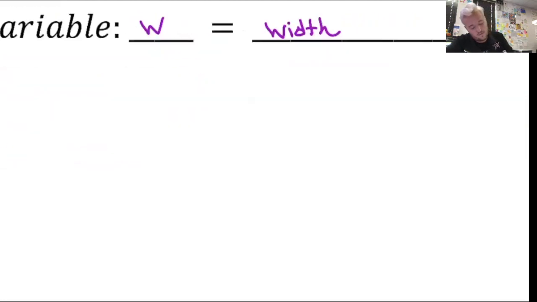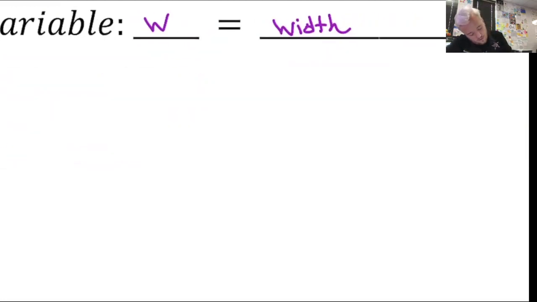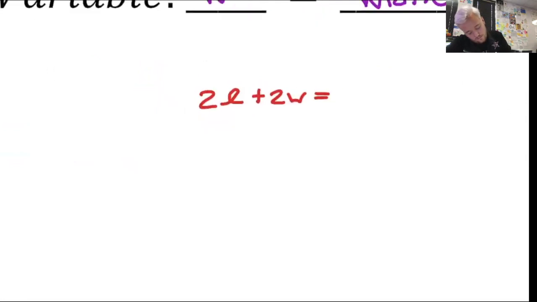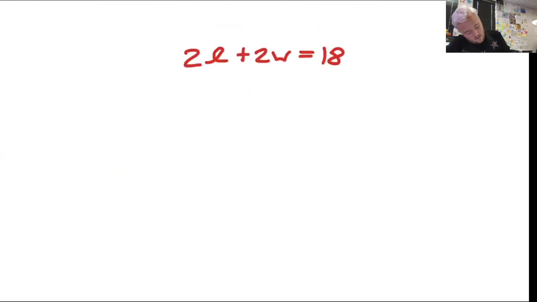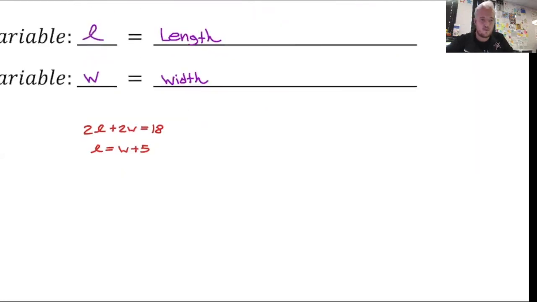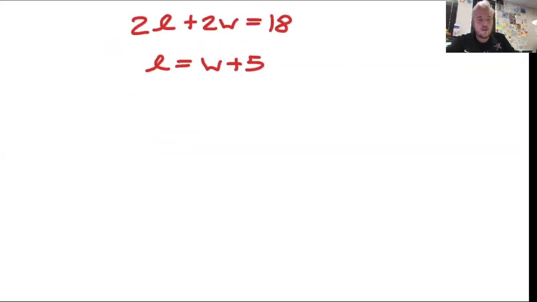All right, so 2 times the length plus 2 times the width is 18. And the length is the width plus 5. So this is our system that we want to solve. So it's already set up for substitution. I think all of these might be substitution.